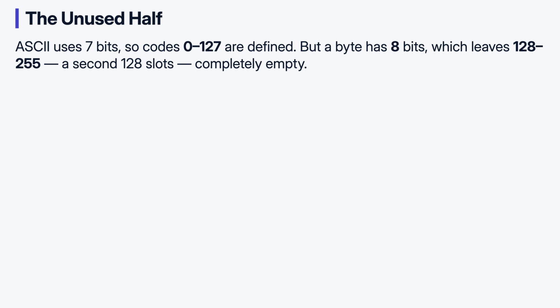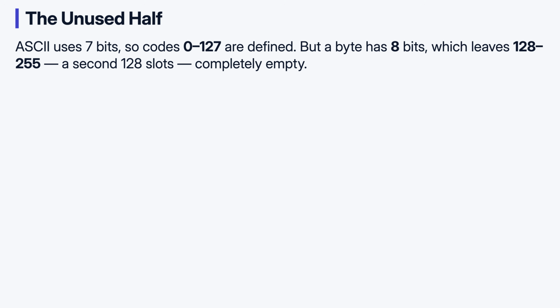ASCII covers English and almost nothing else. Now we watch the world try to fill the rest of the byte. ASCII only uses 7 bits, so codes 0 through 127 are well defined. But a byte holds 8 bits, and 8 bits reach 255.